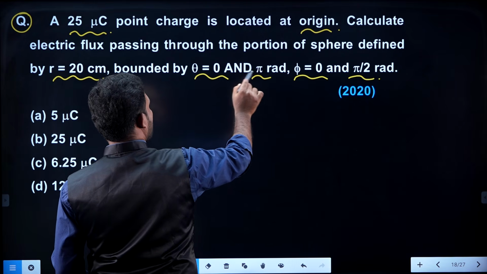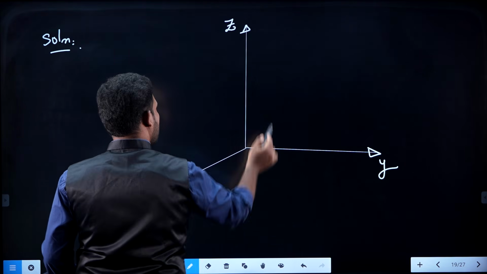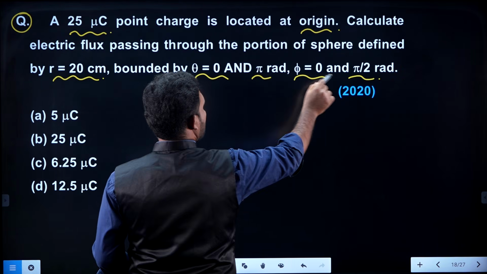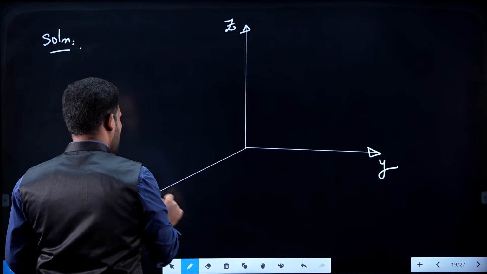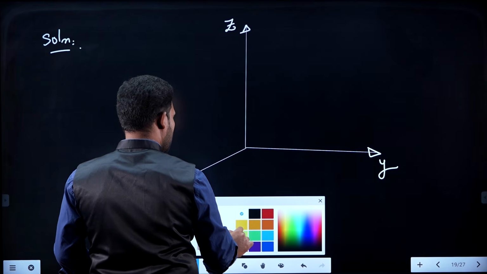Theta here is ranging from 0 to pi, and phi is ranging from 0 to pi by 2. So, phi is 0 here, 90 here. So, what kind of shape is this?